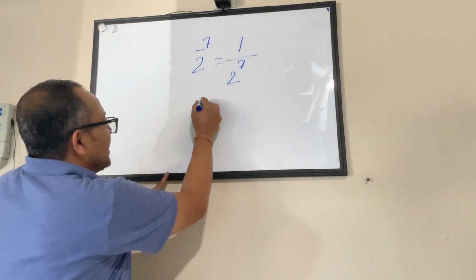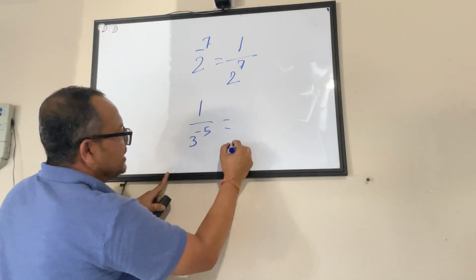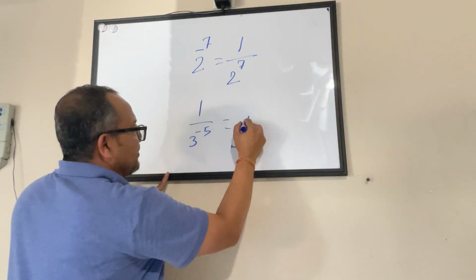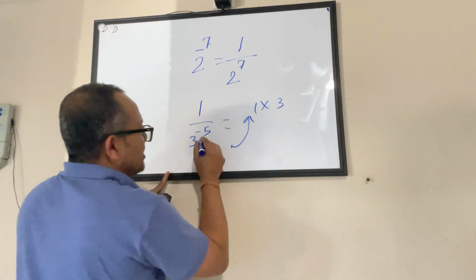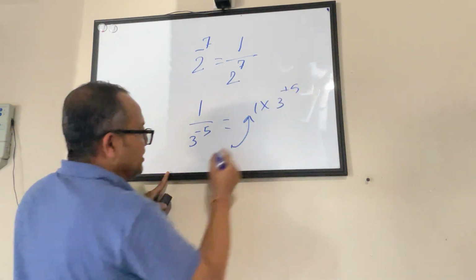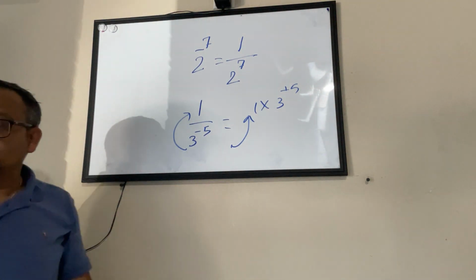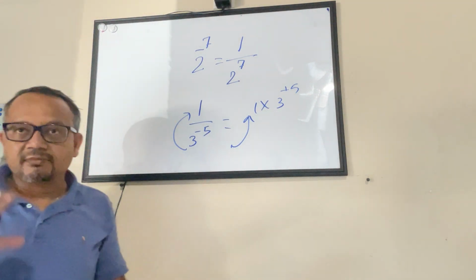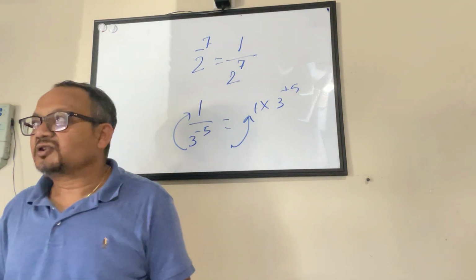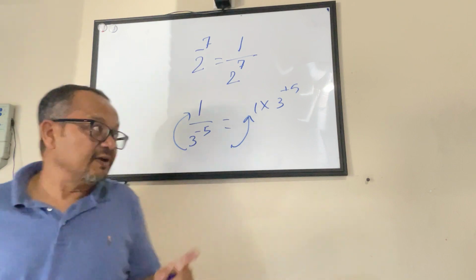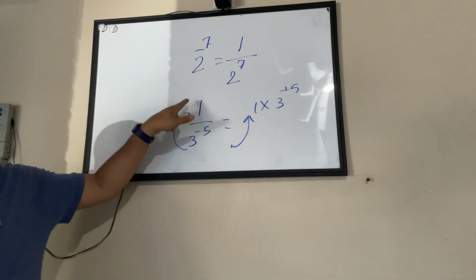If I have 3 to the power minus 5, I can move this guy up and say 1 into 3 to the power plus 5, because I just moved it to the numerator. So any number with a power reverses its power, from positive to negative, negative to positive, if you move it up or down between numerator and denominator. Okay?